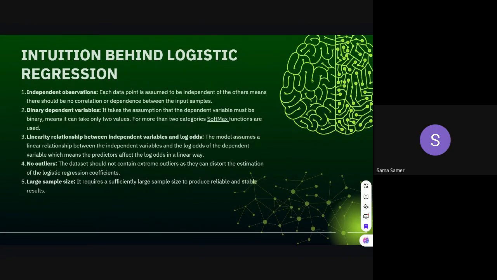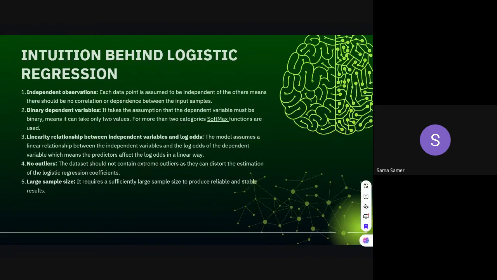Then we have the binary dependent variable. The assumption here is that the dependent variable must be binary, meaning it only takes two values. For more than two categories, we use something called softmax, but we won't dive deeper into more than two categories.